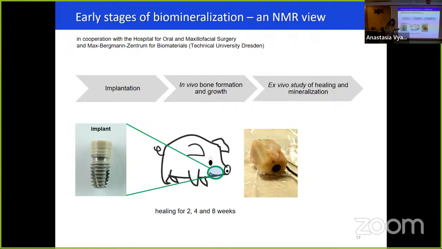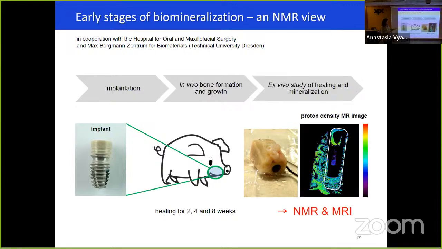Then the animals were sacrificed, and pieces of bone together with the implants were extracted and studied, not only by NMR or MRI, but also by other means, to reduce the trouble for the animals. On this right image, a proton density MRI, you see the black spot which results from the dental implant.